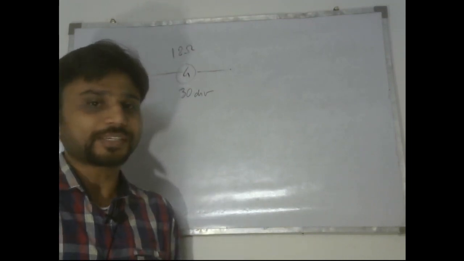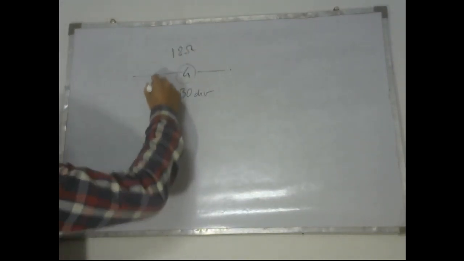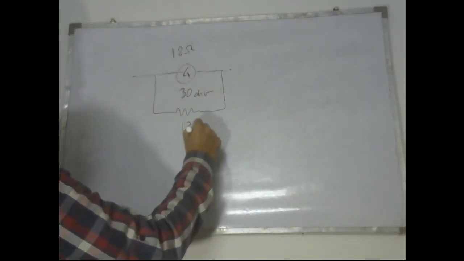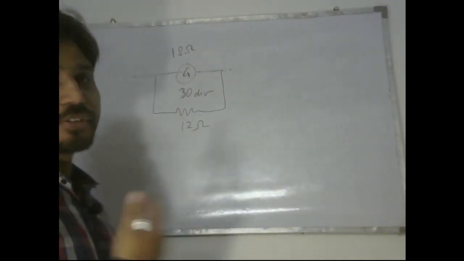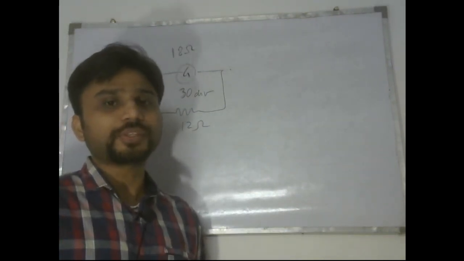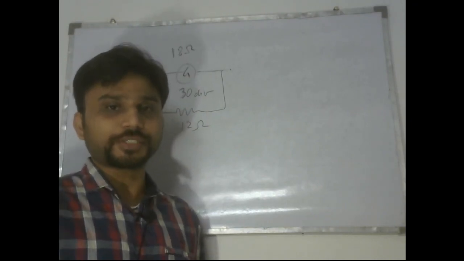So we are just saying some current is passing through it. So 30 divisions of deflection is there when the 18 ohm resistance is there, and now we have shunted it with a new 12 ohm resistance. And now it is asked how many divisions of deflection would be there in the galvanometer. So we would have to assume the amount of current passing through the galvanometer is constant.